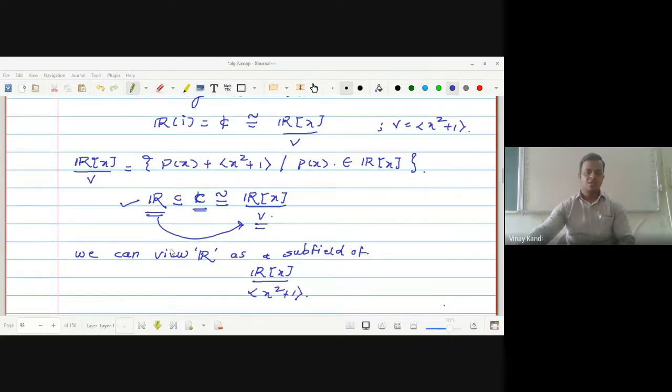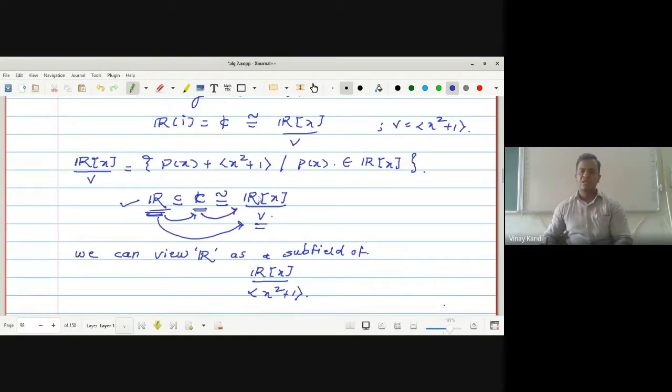Now look here. This R, the set of real numbers, is a subfield of the set of complex numbers. But the set of complex numbers is isomorphic to R[x]/V. So from this we can say that R, the set of real numbers, is a subfield of R[x]/<x^2 + 1>. Any doubt up to here?